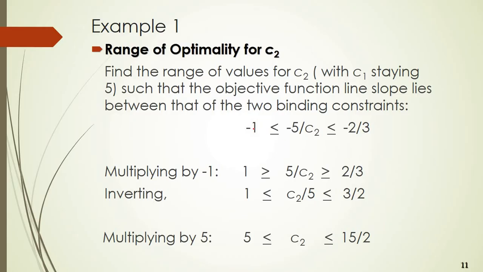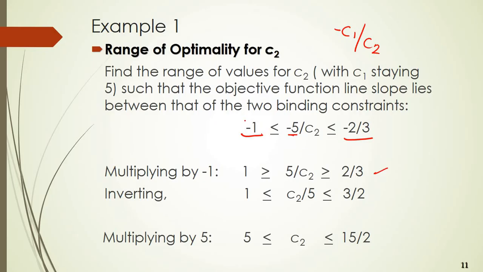Okay, if you could recall, -1 is our slope for the first constraint, and -2/3 is the slope of our second constraint. And the slope for our objective function is -5 over C₂, since our formula for the slope is -C₁ over C₂. Since C₁ is staying, that is -5.